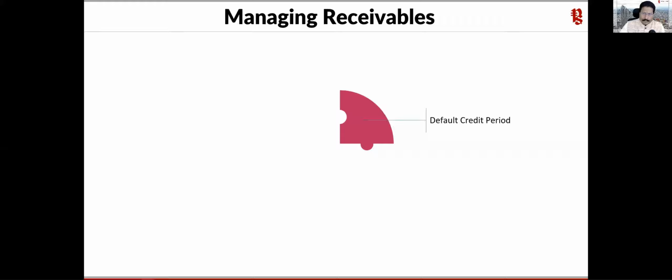So what you can do is set up the default credit period in the party master itself, so that every time you are raising a new invoice, the credit period will automatically get populated in the credit days. That is what we will be seeing in Tally also. So the default credit period, you can set up.